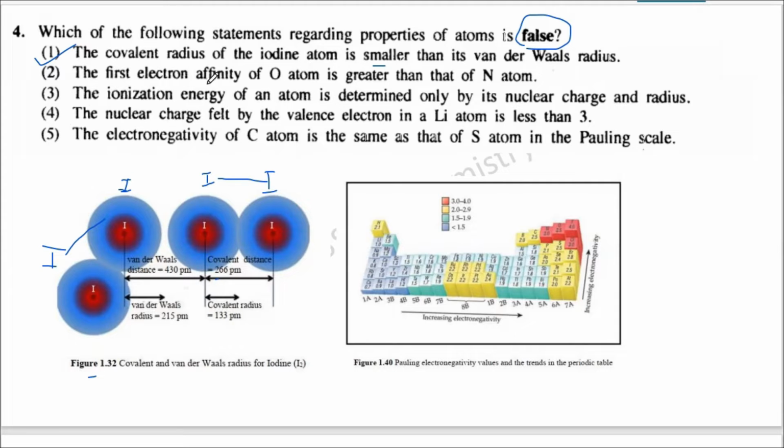The first electron affinity of oxygen atom is greater than nitrogen. When they are asking about this electron affinity comparison, they always use oxygen or nitrogen or halogens with other elements because halogens will have higher. So consider the electronic configuration. Nitrogen is 7, oxygen is 8, right? One of these will have the partially stabilized electronic configuration.